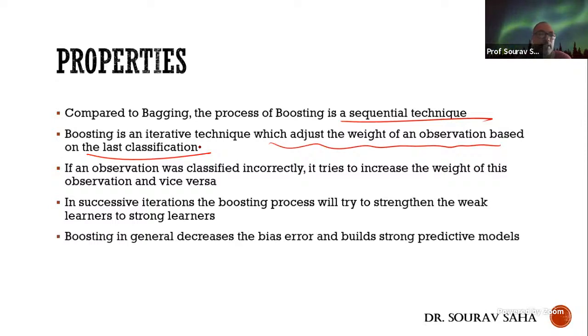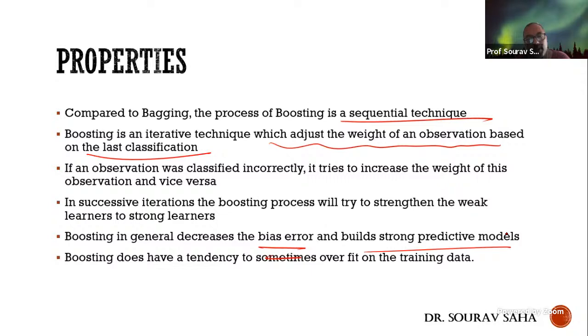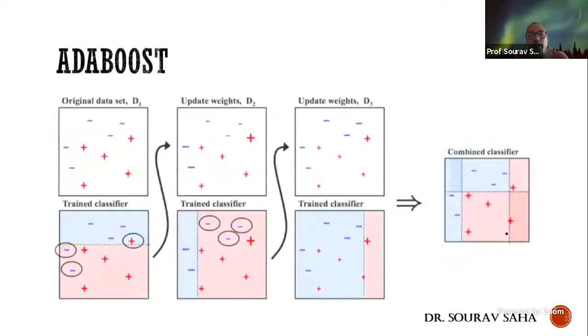Boosting in general will decrease the bias error and build a strong predictive model in the process. But on the pitfall, it does have a chance to overfit the training data.